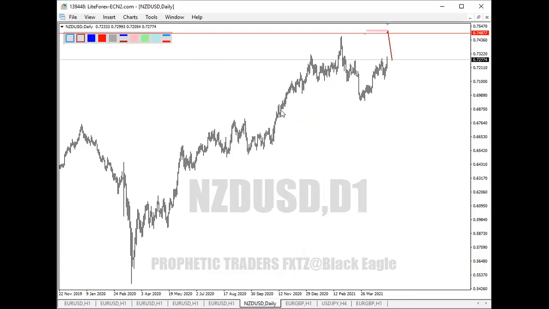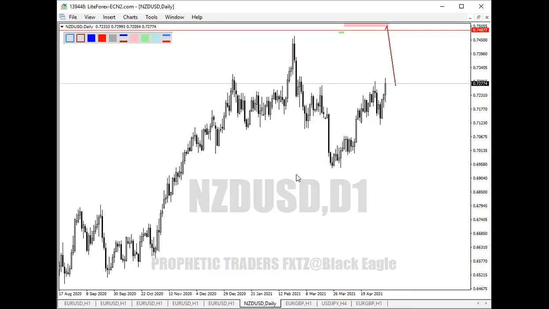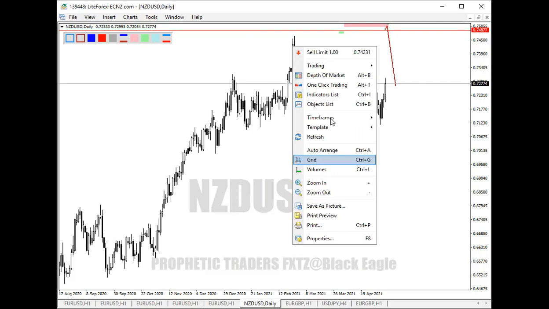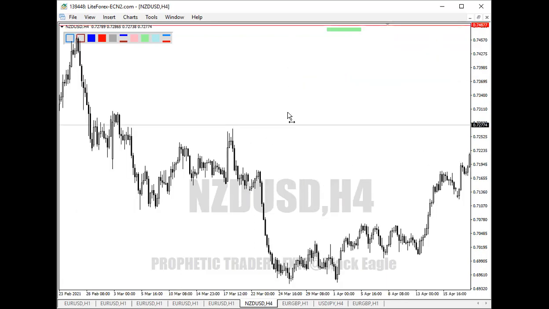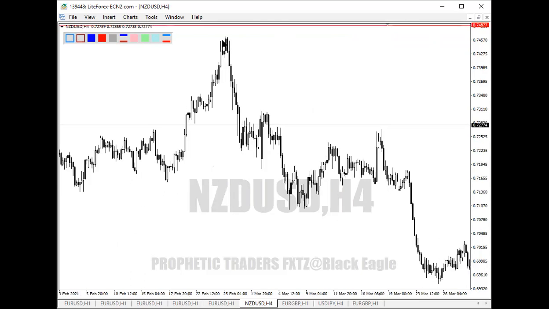That's why they price this area, they price to this line here. So price will come, so we expect to use this supply. We expect to use this above supply. And this one we have Marubozu here.